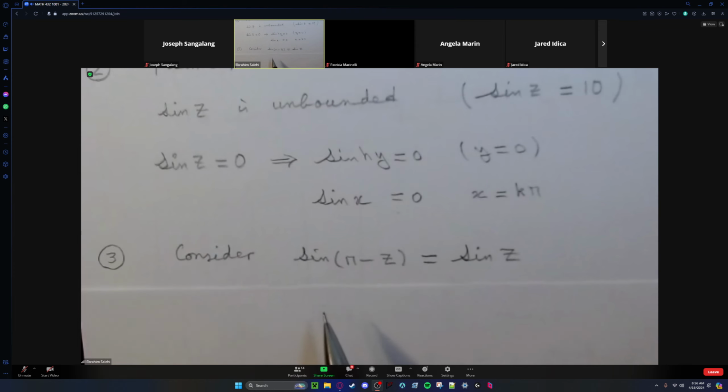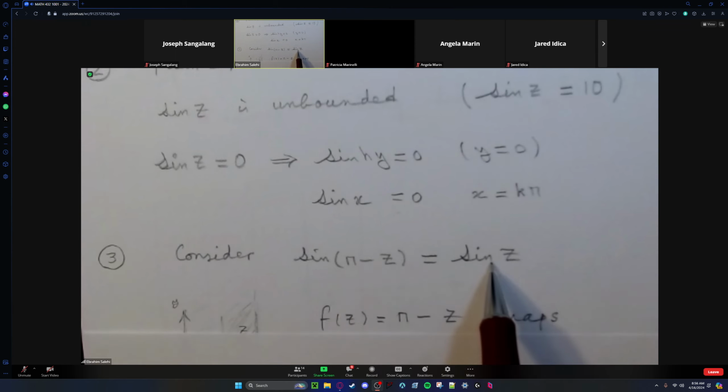Now, here's a trig identity. It's easy to verify: sine of pi minus z is sine z. But what does this do?